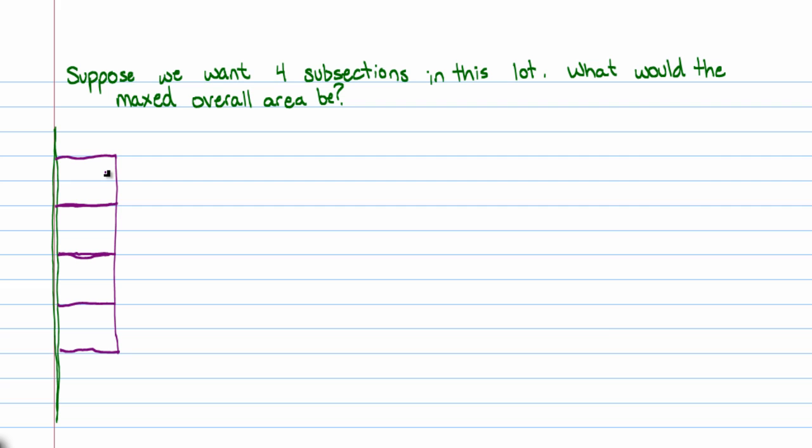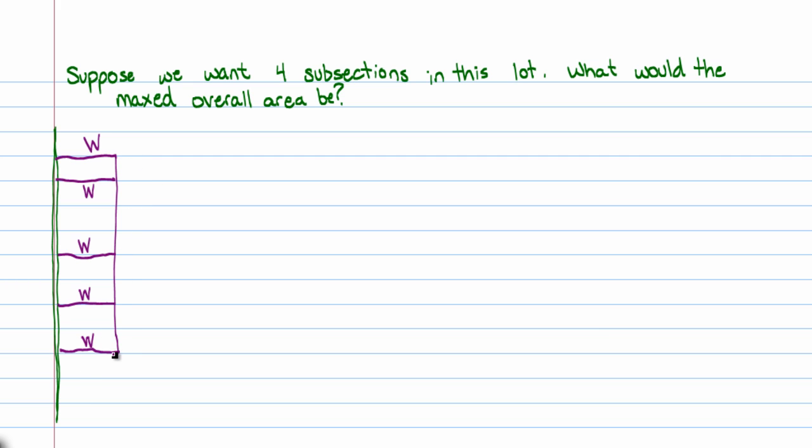It doesn't necessarily have to be true that these are all the same width, by the way. These can be different size parking lots. In other words, we could have one lot be sort of larger than the other, okay? Something like that. So let's label our unknowns again. This will be our width, so therefore this length will be w, this length will be w, this length will be w, and this length will be w.